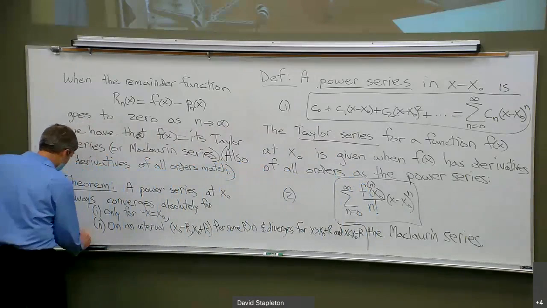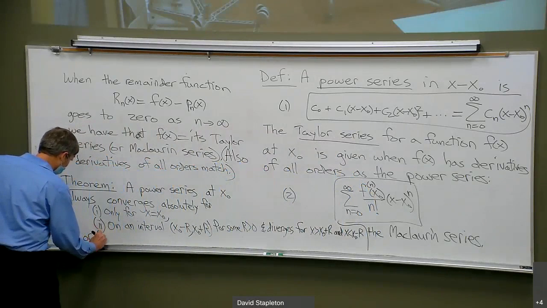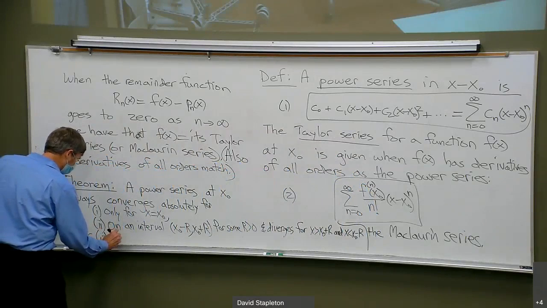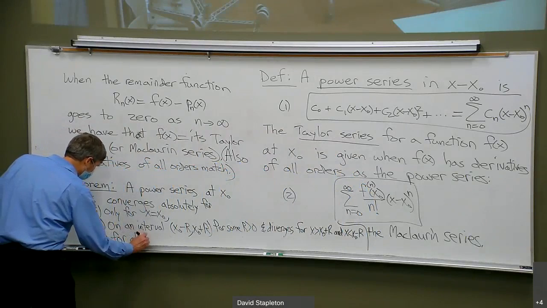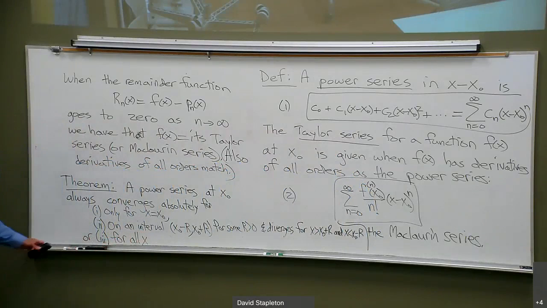Or, I don't have room for or over there, so I'll put it here: it converges absolutely for all x. Remember what absolute convergence means? Absolute convergence means the series of absolute values converges. We had that absolute convergence test, remember?